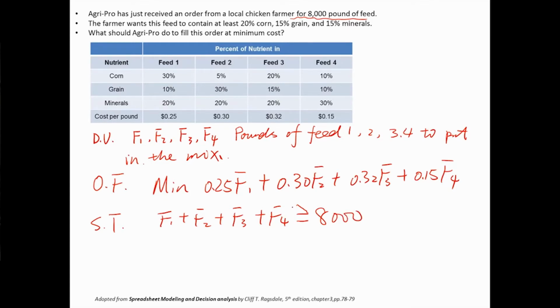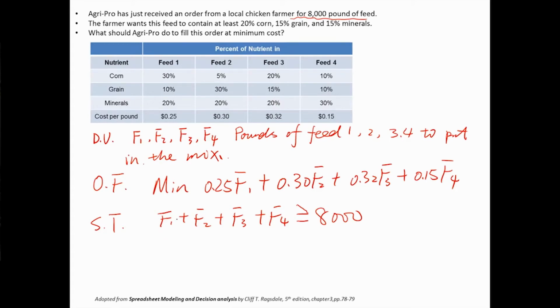We put greater than or equal to, but when it's calculated it will be the same, because we want to minimize the total cost. If we can fulfill the order with just 8,000 pounds, then it will just use 8,000 pounds. It won't go beyond that. But as we explained last time, we put greater than or equal to to make it less restrictive, so it's more possible to find a feasible solution.